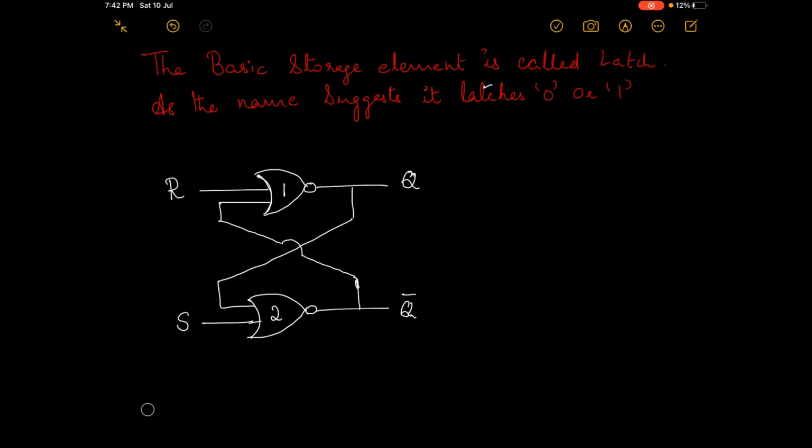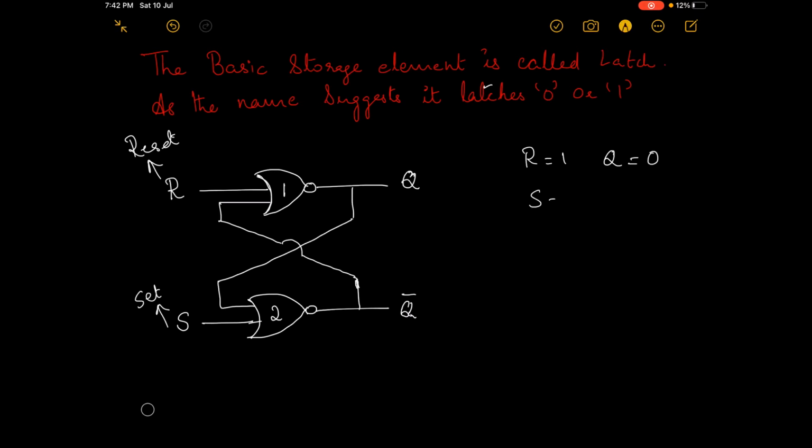So why do we call these inputs R and S? As I told, R means reset and S is set. When you give the reset value as 1 in this circuit, you will get the output Q as 0.